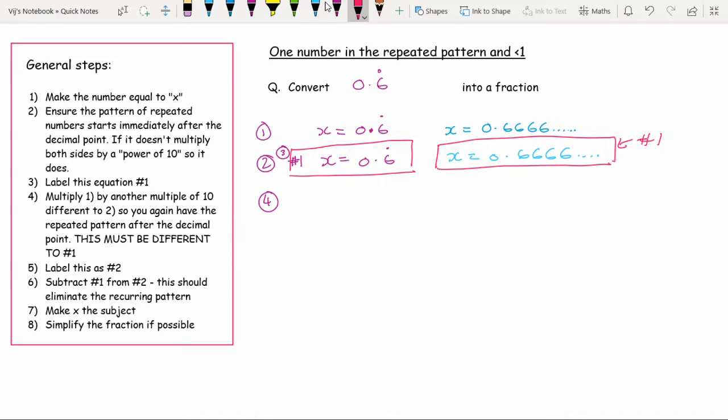So what I need to do is I need to multiply both sides of this equation by a multiple of 10, so that the repeated pattern starts after the decimal point. Now again, saying that out loud makes absolutely zero sense. Now because there's one number in the pattern, what I'm going to do is I'm going to multiply both sides by 10 to the power of 1. So the 1 is the number of numbers in the pattern.